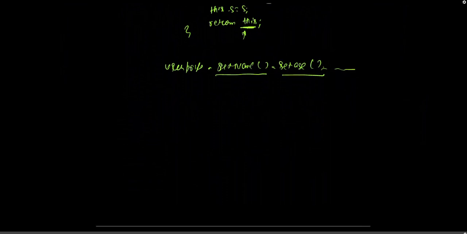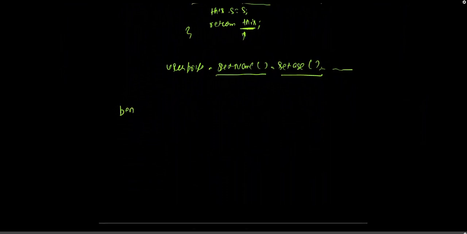Before moving to code, the benefit of the builder pattern is code reusability and code readability. The second is object immutability. Because the current object doesn't have any getter and setter, right?